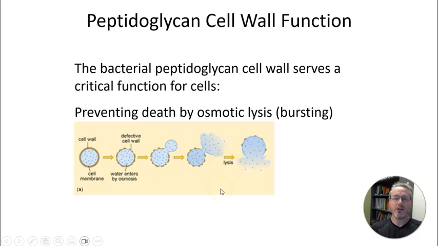So the primary reason that bacterial cells have a peptidoglycan cell wall is to prevent the cell from dying from this lysis process. So we know what the structure is, we know where it is, we know what it's made of, and we know why the cell has it, to keep the cell from dying.